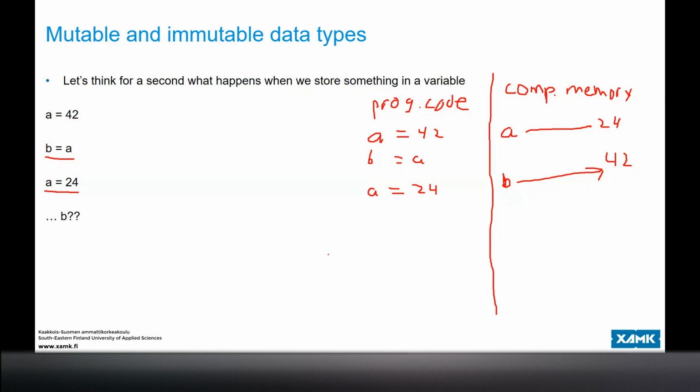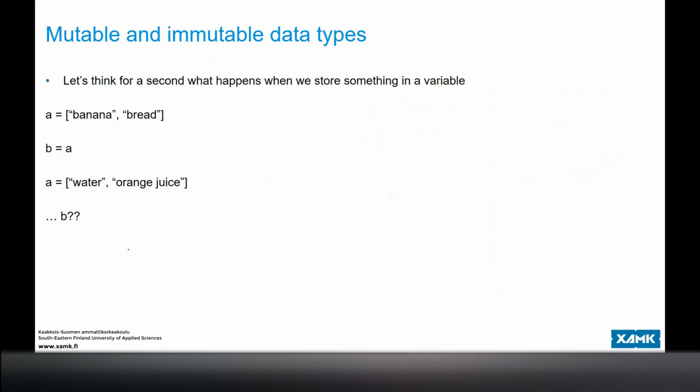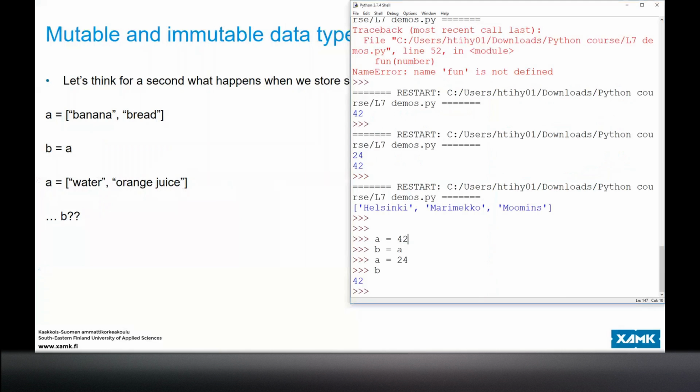So if we take this process and look at it again, but this time using a list as an example. Before actually drawing what's going on, let's do the same in code.